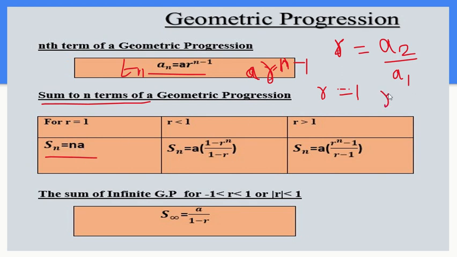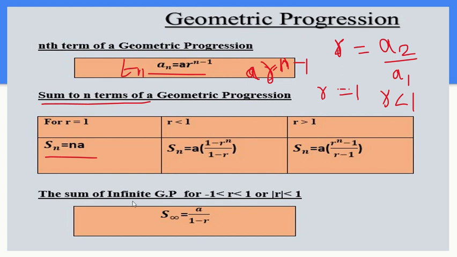If R is less than 1, we use Sn equal to A into 1 minus R power n by 1 minus R, where A is the first term, R is the common ratio, and n is the number of terms. If R is greater than 1, the same formula, but you write R power n first and then minus 1: Sn equal to A into R power n minus 1 by R minus 1.